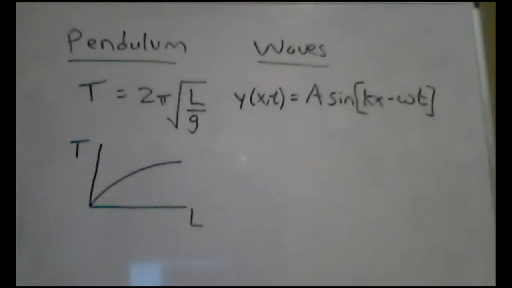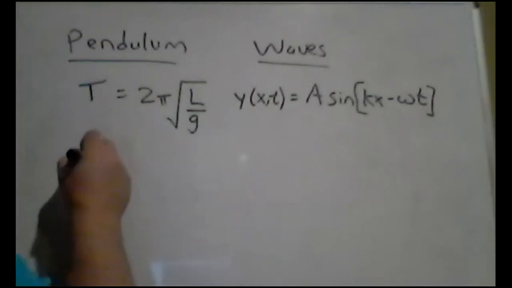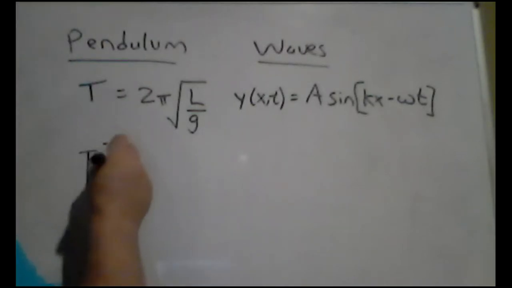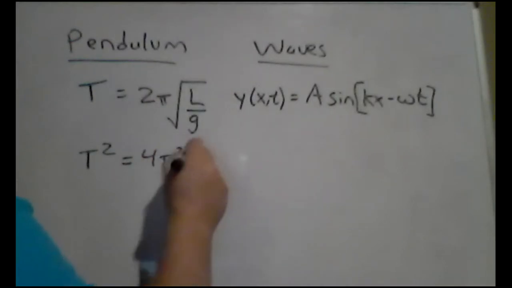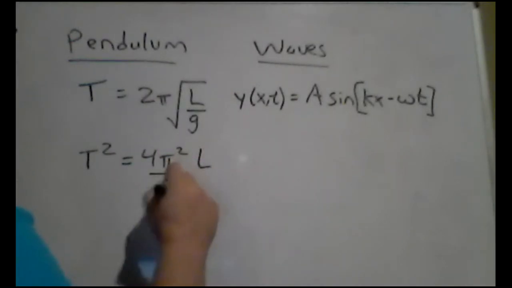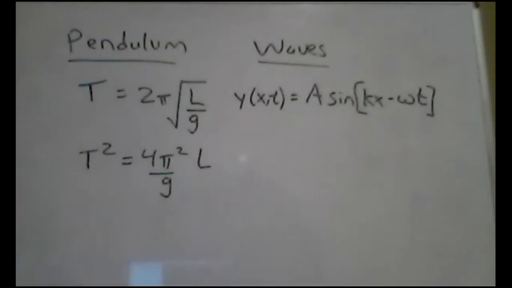What happens though if I consider the following? Instead of the square root function, I square both sides of this equation. T squared, square the left, I square the right: 4 pi squared L over g. Now, here's a cute little trick.